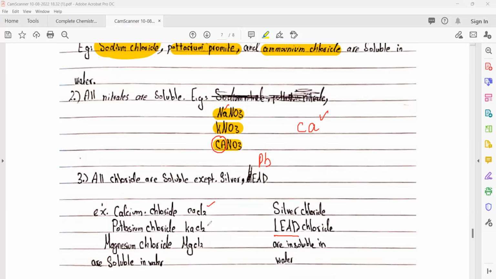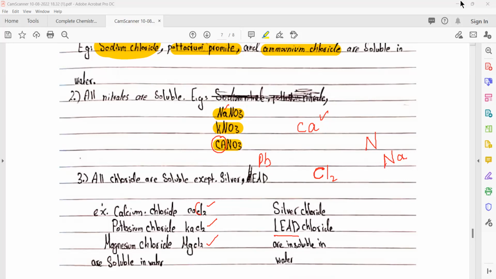Potassium chloride, KCl. Magnesium chloride, MgCl2. This C should be capital, okay? You know very well: the first letter of the symbol will be uppercase and the second will be lowercase if there are two. But if you have only one letter, the first will be in uppercase, like nitrogen. But in the case of sodium, you need to write Na like this, okay? So soluble in water, okay.